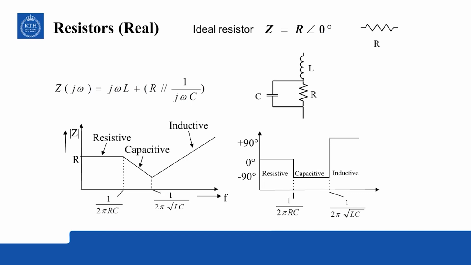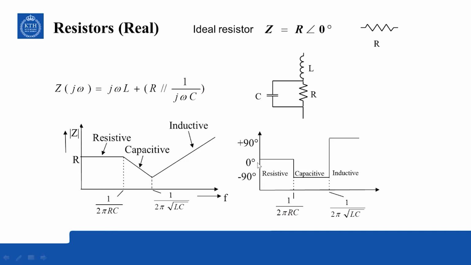Then the inductive impedance is also increasing and the capacitive impedance is decreasing, and at some frequency both become equal and you have a resonance. That resonance point is given by 1 by 2 pi root LC. Beyond that resonance point, the inductive impedance is much more than the capacitive impedance, so it behaves as an inductor.